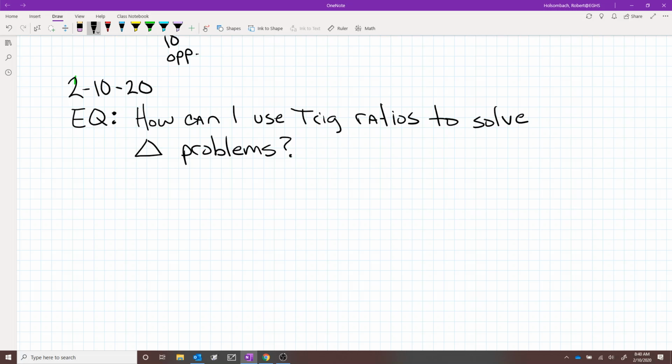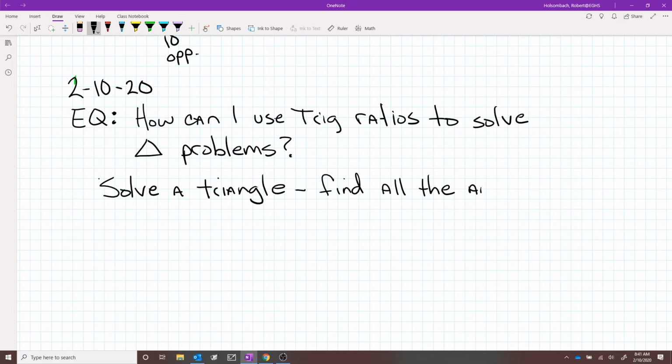And one thing that I want to tell you here is that when you are asked to solve a triangle, if you read the directions and the directions say solve the triangle, solve the given triangle, that means to find all the angle measures and all the side lengths.